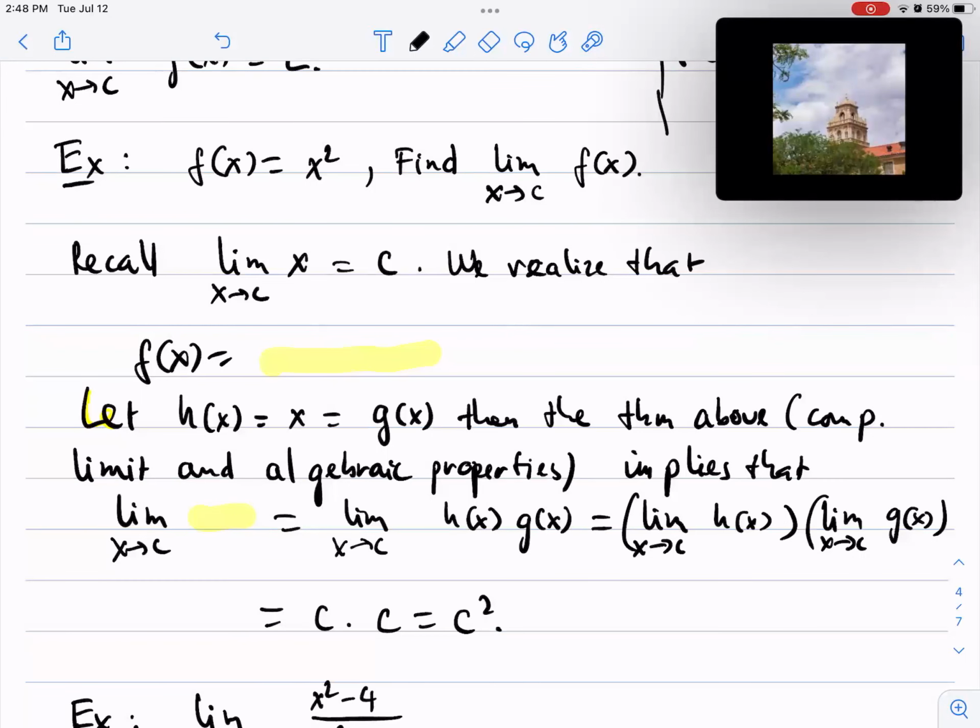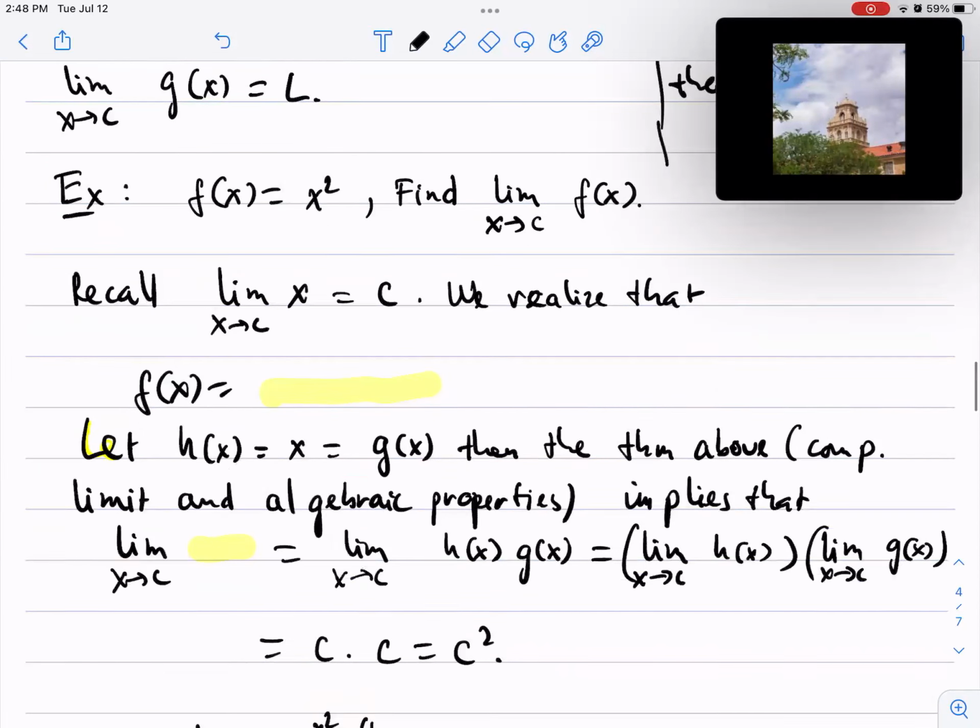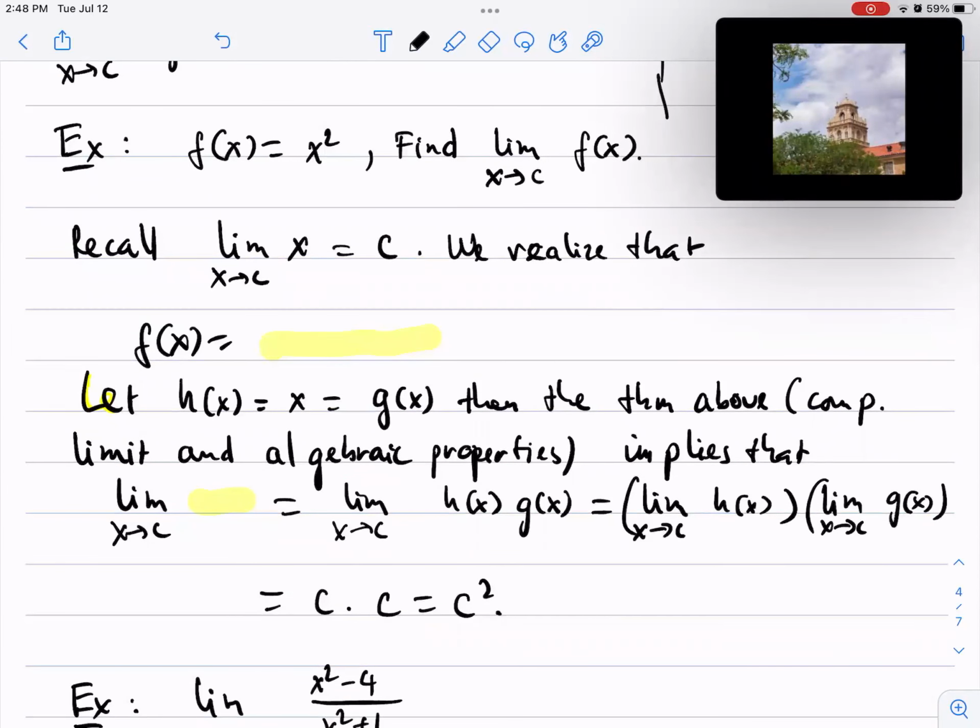sorry for the interruption. Let's go back to the example here. We consider the function f(x) equal to x squared, and we want to find the limit when x approaches c. Recall that the limit of the function x when x approaches c is equal to c, and we realize that f(x) here is equal to x times x.